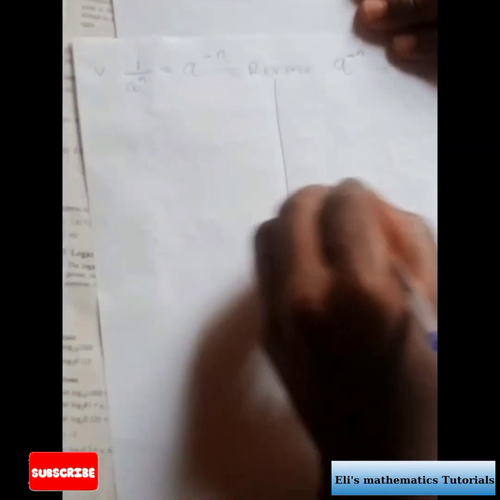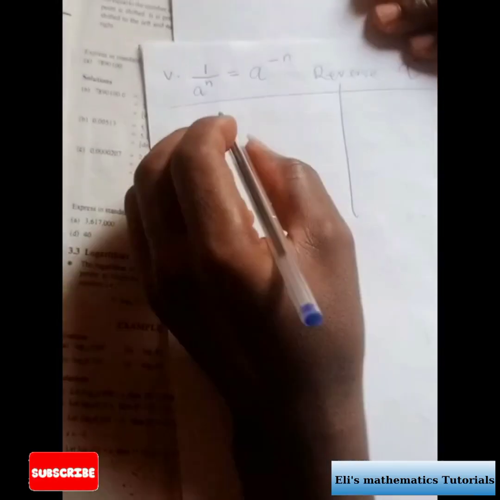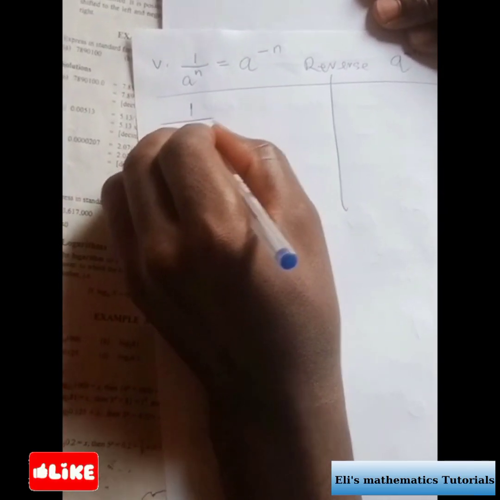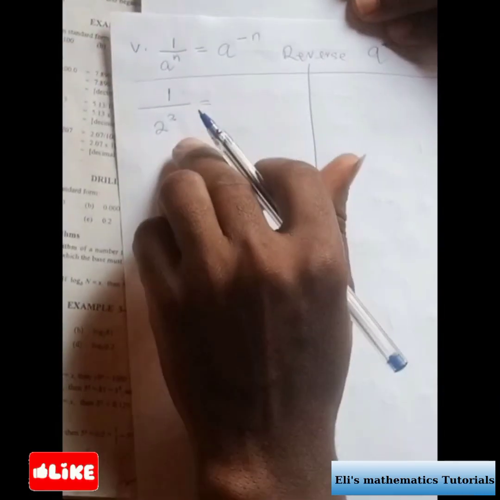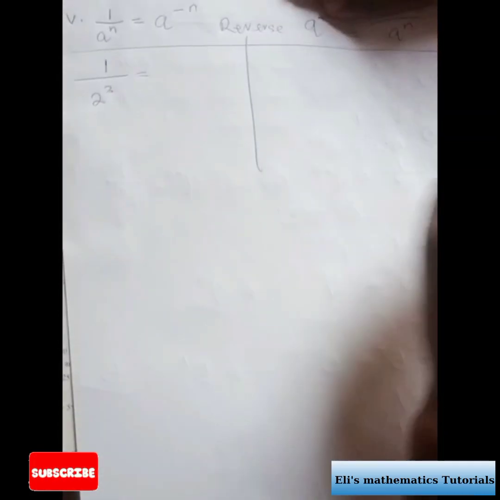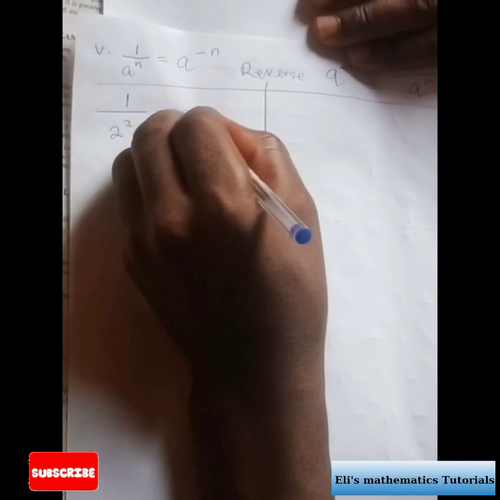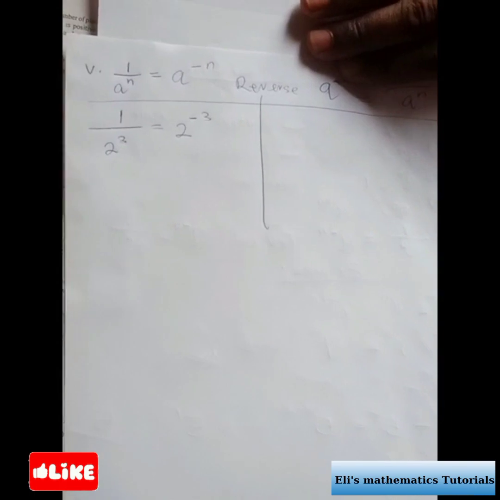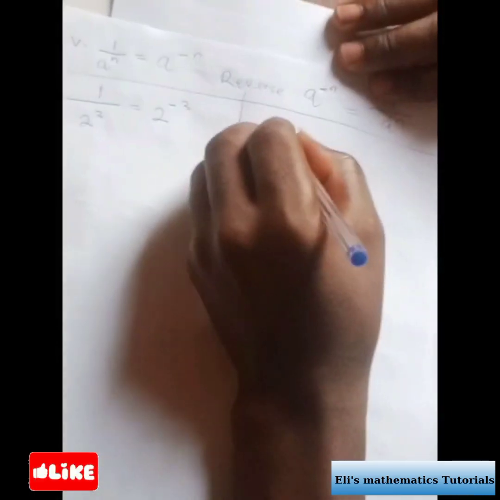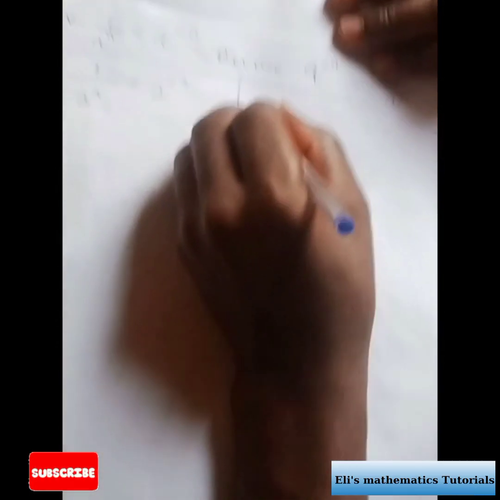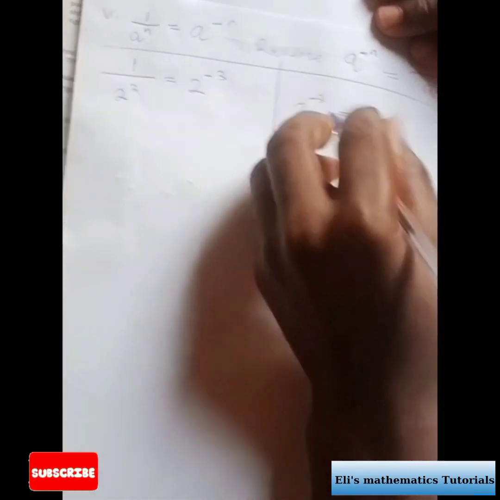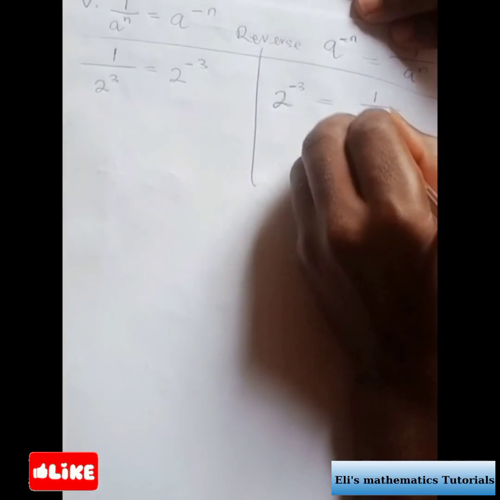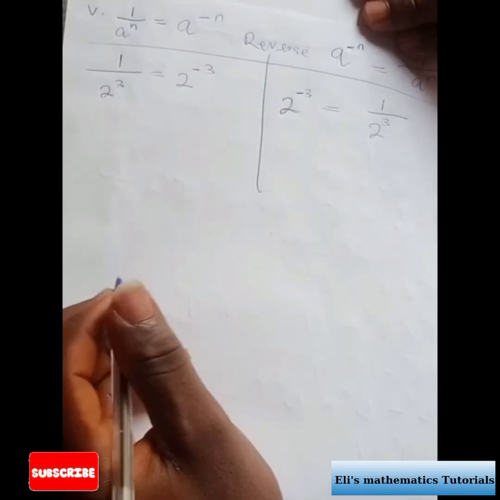So we are going to solve it in the reverse terms. Now if we have 1 over 2 raised to power 3, you can also write it like this. We can say 2, this 1 over becomes minus, then raised to power 3. Now we can take this one in the reverse form, we can now say this minus will become 1 all over, and then this 2 will be here raised to power 3.